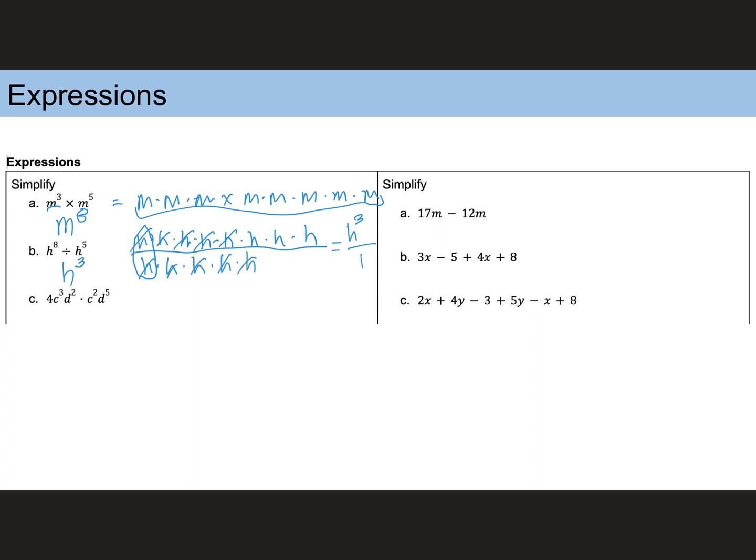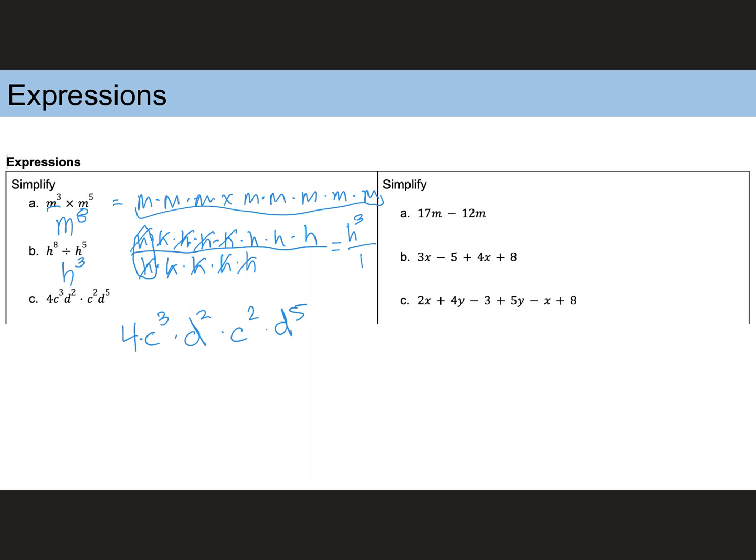For C, I have 4c to the power of 3. So 4 times c to the power of 3 times d to the power of 2 times c to the power of 2 times d to the power of 5. Now to simplify, I need to identify the letters that have the same thing.